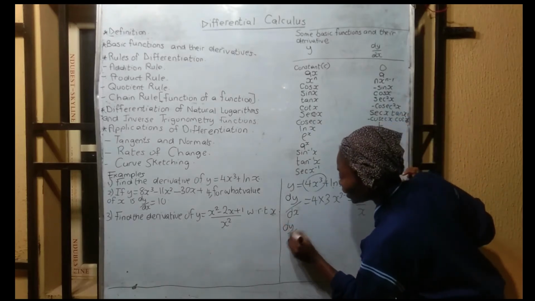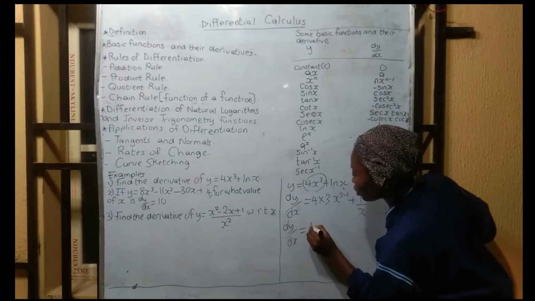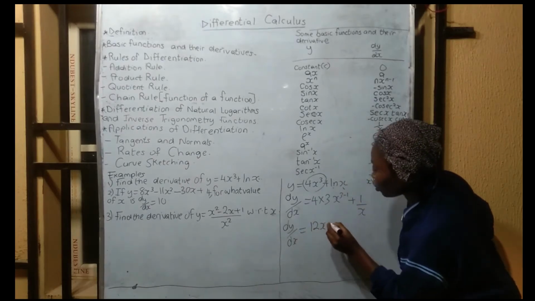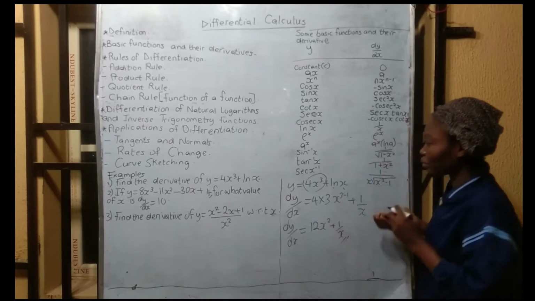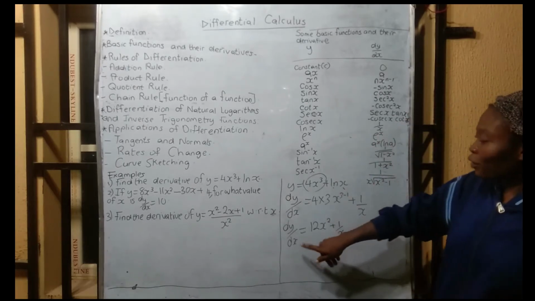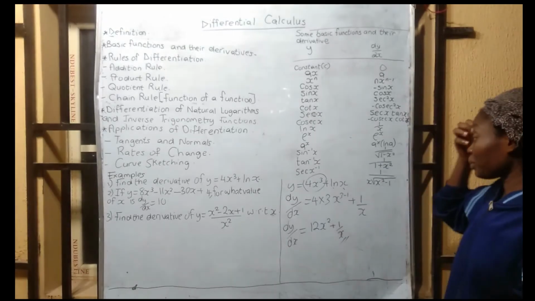Now dy/dx equals 12x raised to power 2 plus 1 over x. So that's the derivative of y with respect to x.